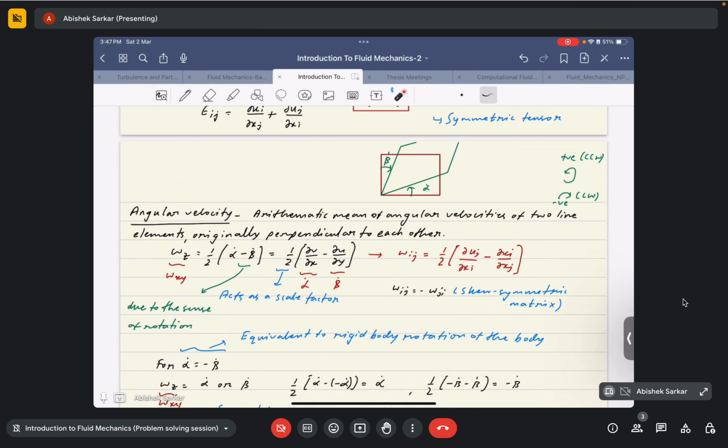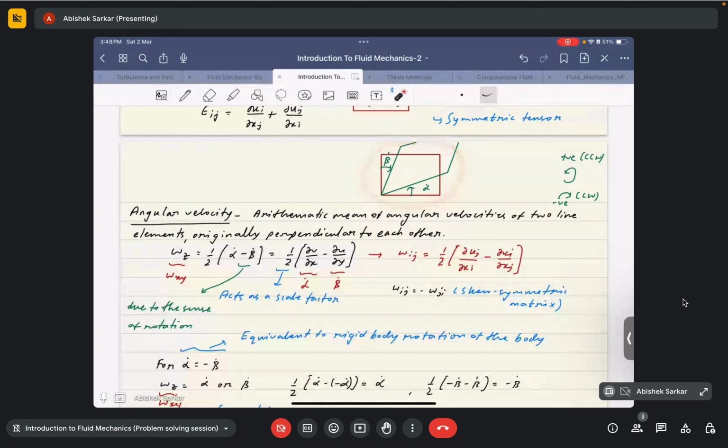But the effective essence of the proper rotation of the fluid elements is not captured in this diagram, because in its very definition, the fluid element, rather than rotating, is actually deforming. We cannot physically say that the fluid element is rotating, but still this physical phenomenon has an angular velocity, which is defined by this expression.